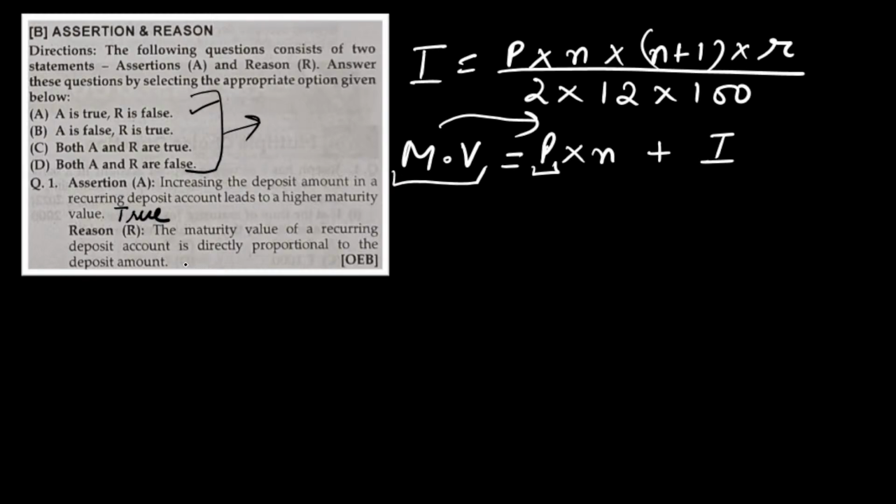So if one thing is increasing, the other will also increase. Maturity value for recurring deposit account is directly proportional to the deposit amount. So both are true. So that means which option is the correct answer? C option. Both are true. Option C.